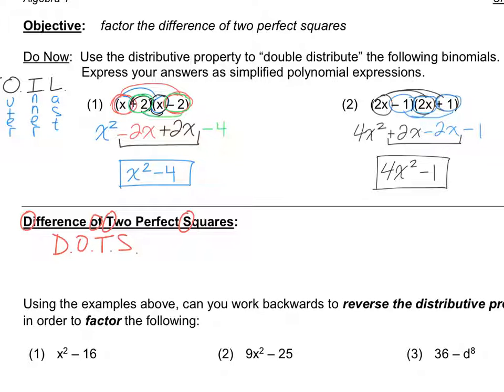Dots. It's the dots situation. I'm really sorry. All right, so difference of two squares. They call it difference of two perfect squares, but then the acronym is going to look stupid. So, dots. Yeah, I don't know. So, difference of two squares.